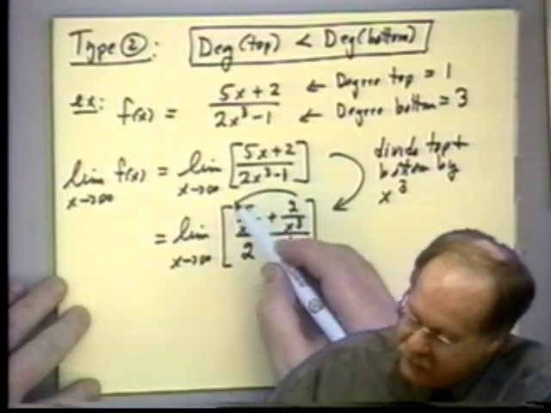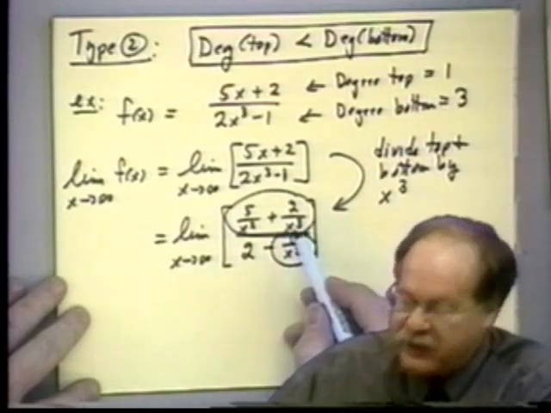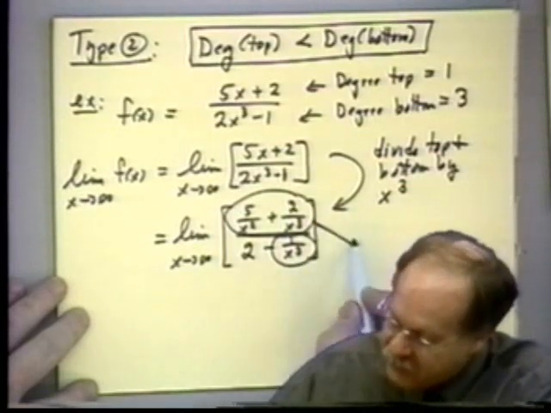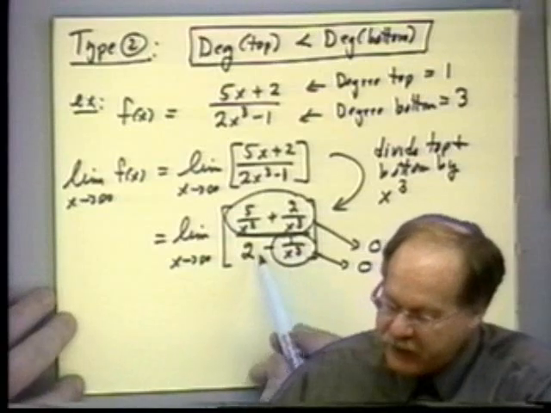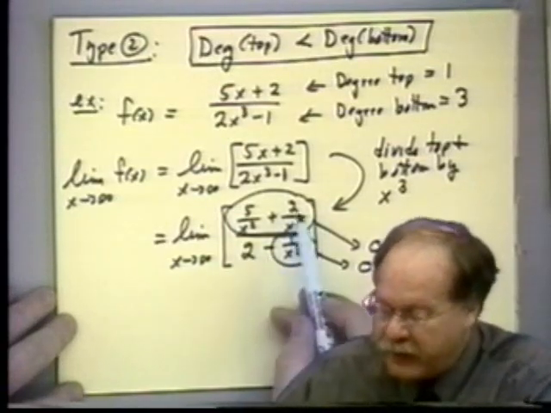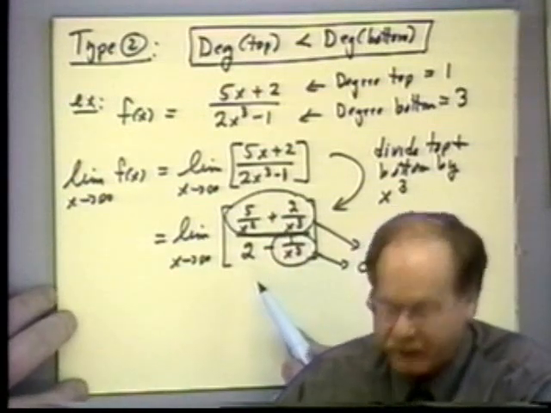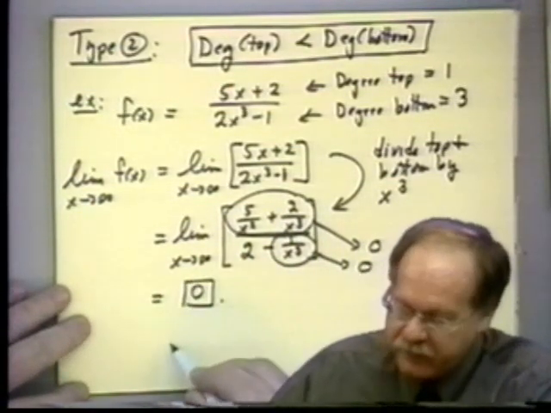Now notice again, all these expressions that involve an x in the bottom taken to a power and a constant on the top go to 0 in the limit, which means I'm left with 0 on the top and 2 on the bottom. Well, that's a perfectly well-defined real number. That means I have 0 as my limit.